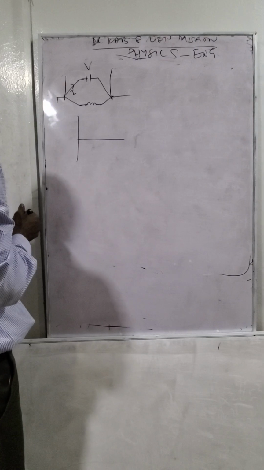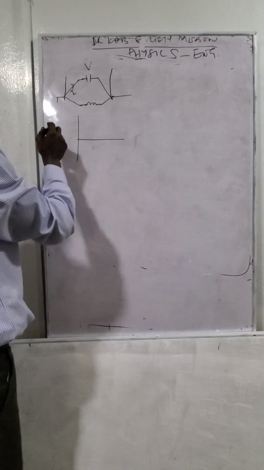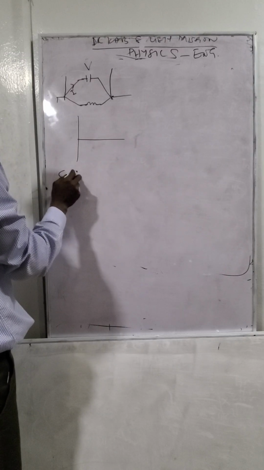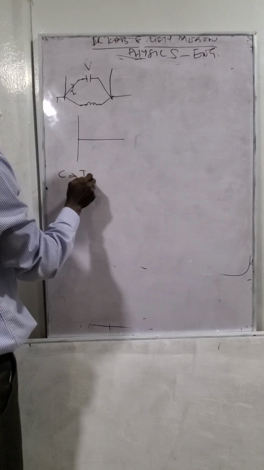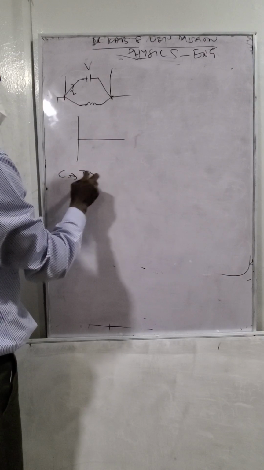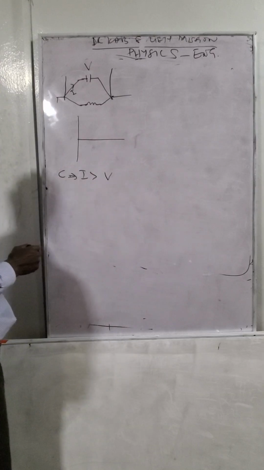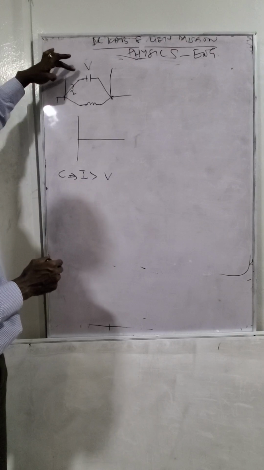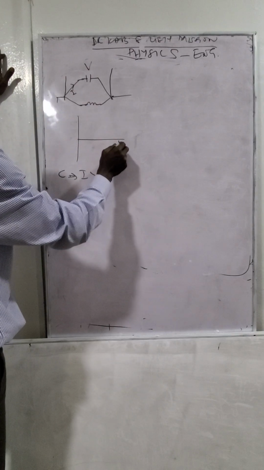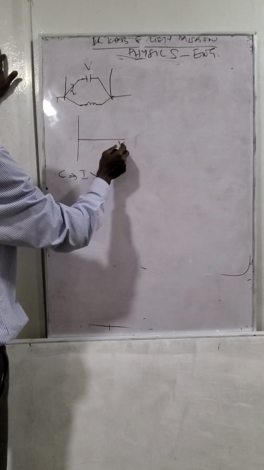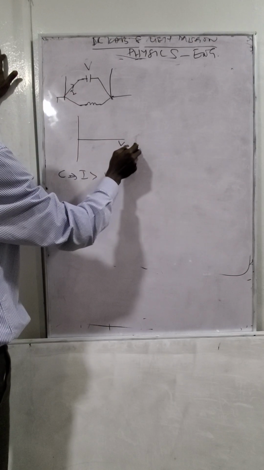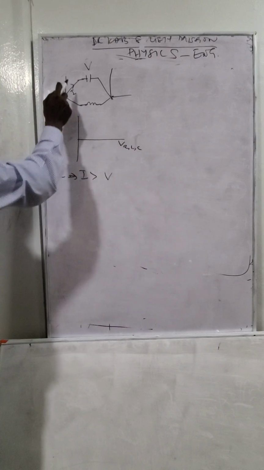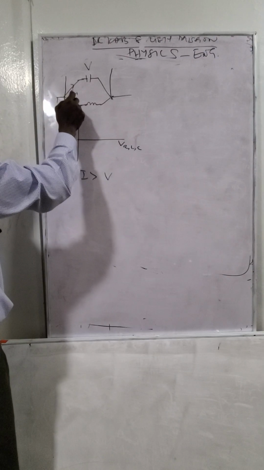The voltage is common to all of them, so voltage is here. It means R, L, and C all have the same voltage because it's in parallel connection; it is the current which is changing.